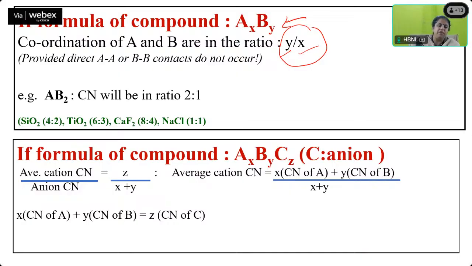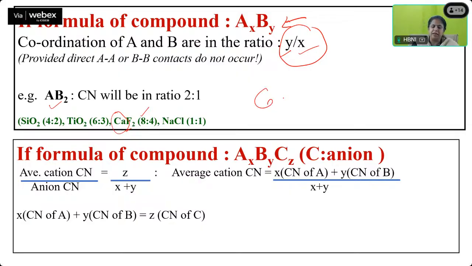For example, if you have a compound AB2, now what is this? This is your fluorite structure, CaF2. The coordination number will be in the ratio 2:1. If you go back to your CaF2 structure, if you do not really recall it now, I would tell you that calcium was making the lattice and its coordination number was 8, and fluorine was in the tetrahedral hole, so its coordination number was 4.